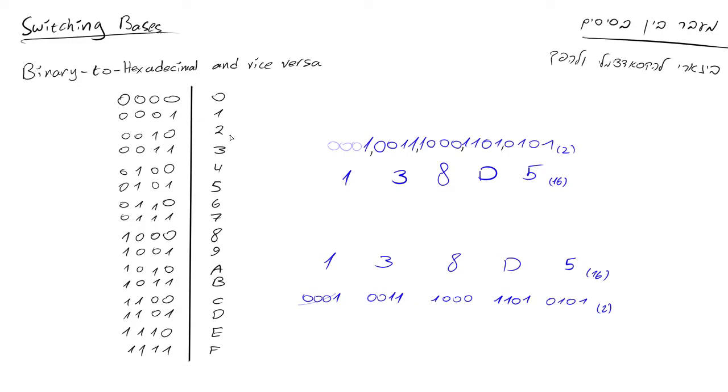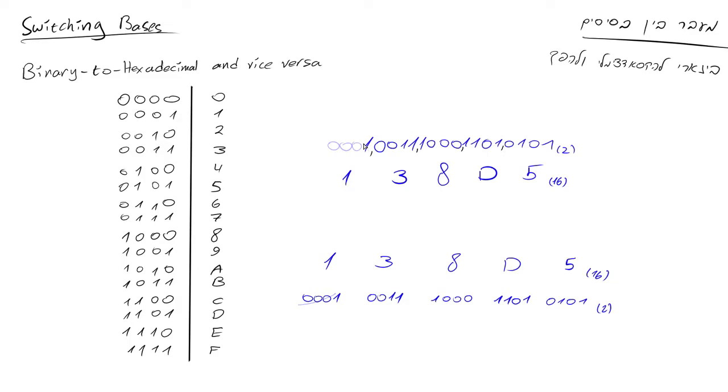And all you do is that you take a binary number, any binary number, I wrote down this long number, 1 0 0 1 1 1 0 0 0 1 1 0 1 0 1 0 1 base 2, and you go from the radix point, like the rightmost point, and you start cutting groups of 4, and you mark it down, and you count another 4 and you mark it down, count 4, count 4.